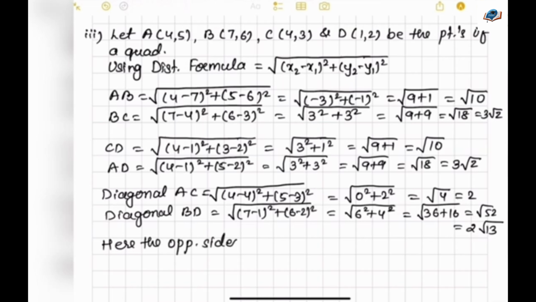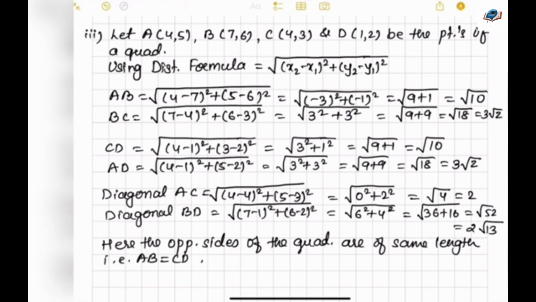Here the opposite sides of the quadrilateral are of same length, i.e. AB equal to CD and BC equal to AD.